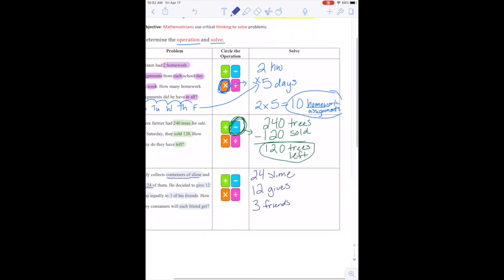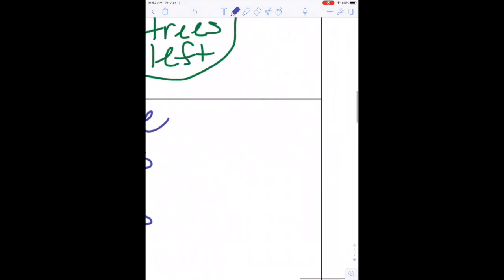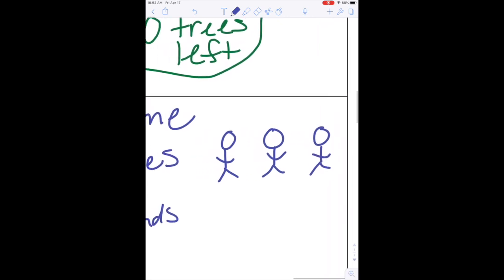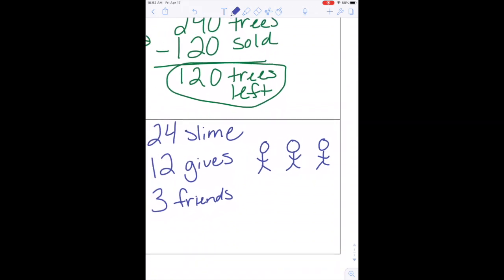Now we need to find out how much each of the friends will get. So let's draw it out a little bit. Here's 1 friend, 2 friends, 3 friends. So there's our information of 3 friends. We got that down. Now we need to show him giving away the slime.